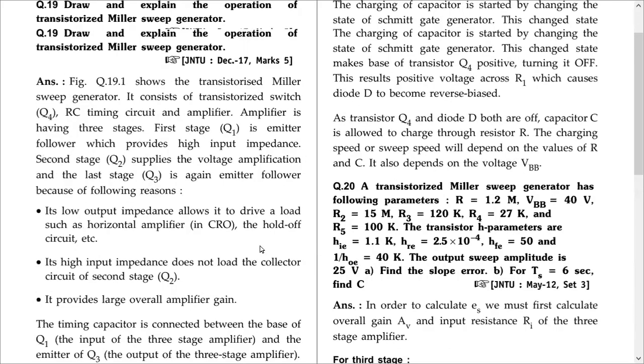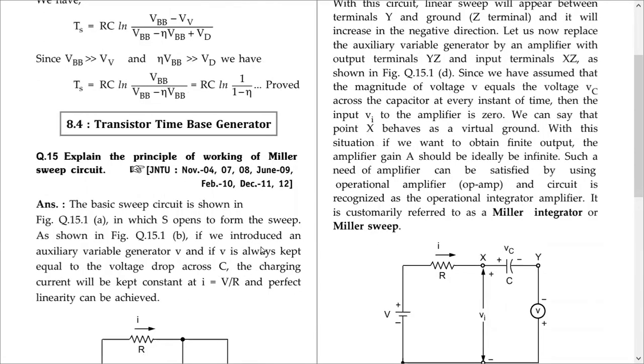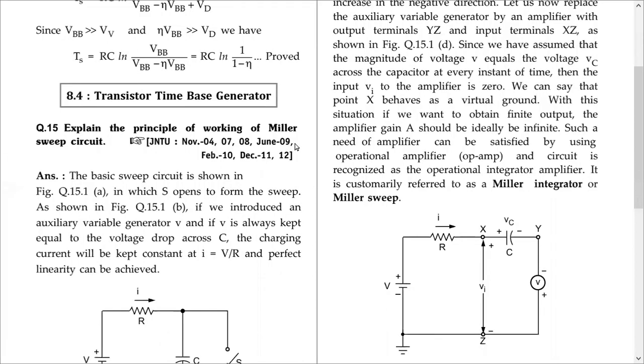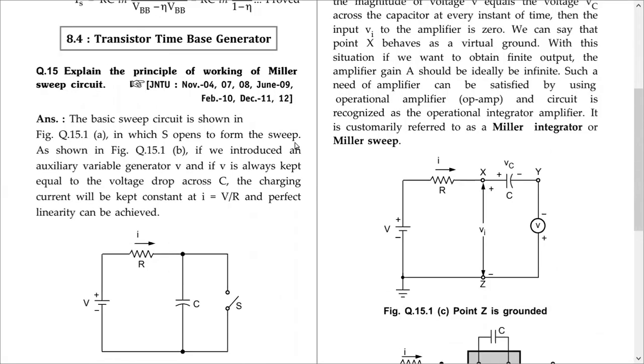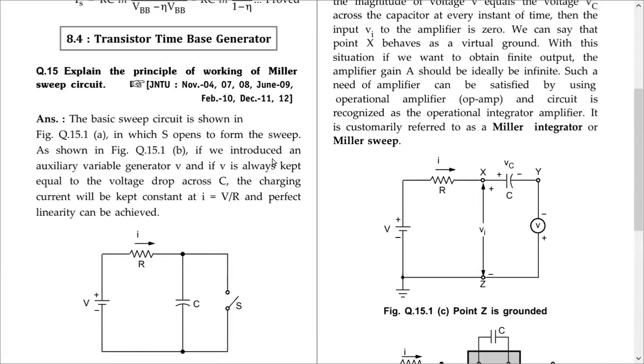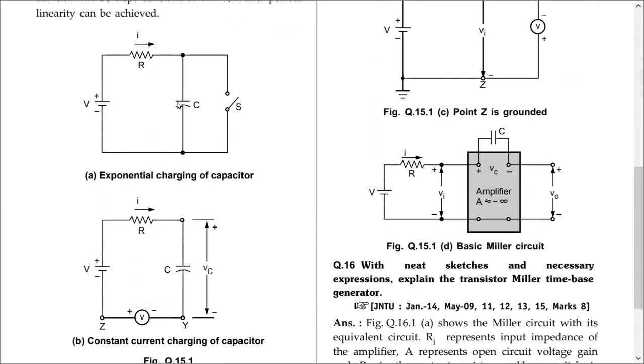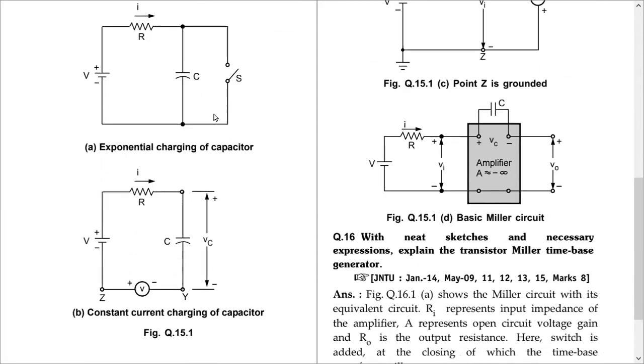Now we are going to discuss the transistor time-based generator circuits. Under that category, the first circuit we are going to discuss is the Miller circuit. Let us consider a case where we have a resistor, a capacitor, and a provision of a switch.